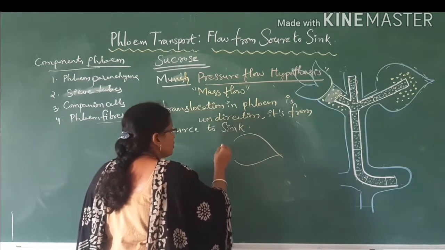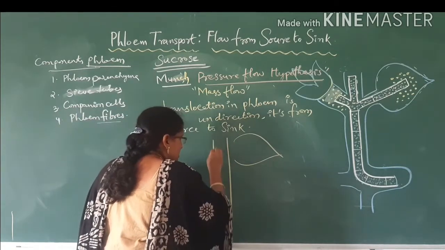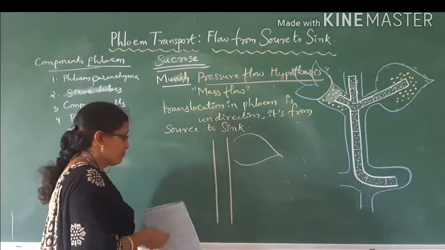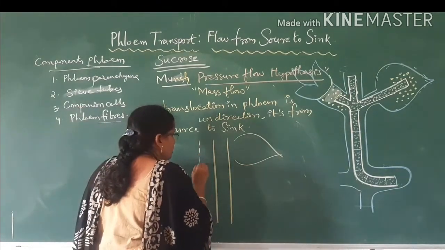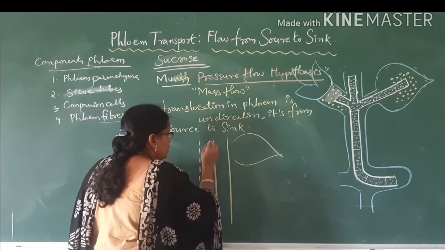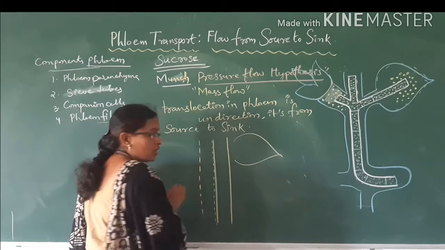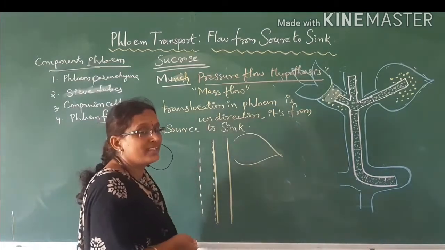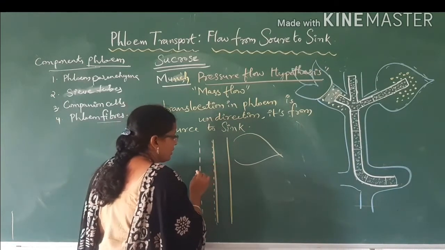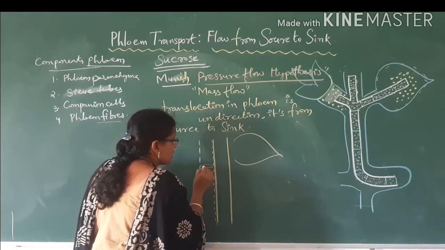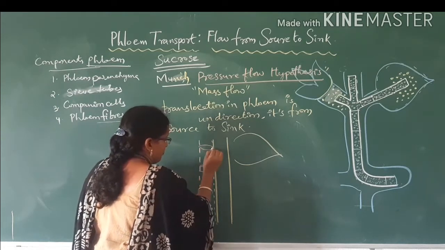If you talk about the components, these are companion cells, and companion cells are associated with the sieve tube cells. Sieve tube cells lack the nucleus. They are controlled by the companion cells. Sieve cells are perforated; they have sieve plates.